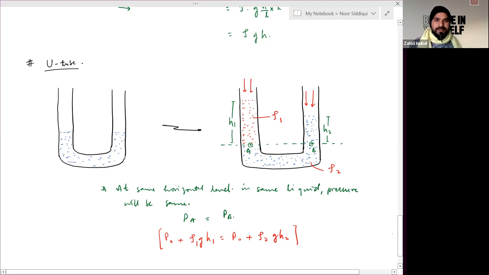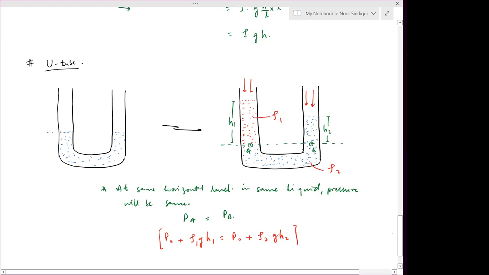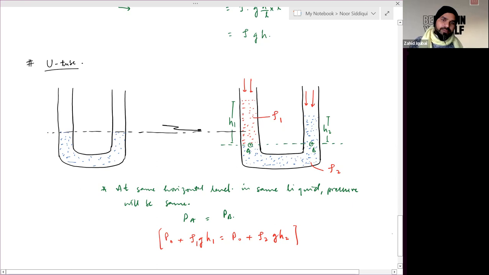Is it clear? Yes, sir. Initially, it was at this level, but now on putting some other liquid, the level of liquid gets depressed in this arm, and consequently, the level of liquid increases on the opposite arm by the same amount.